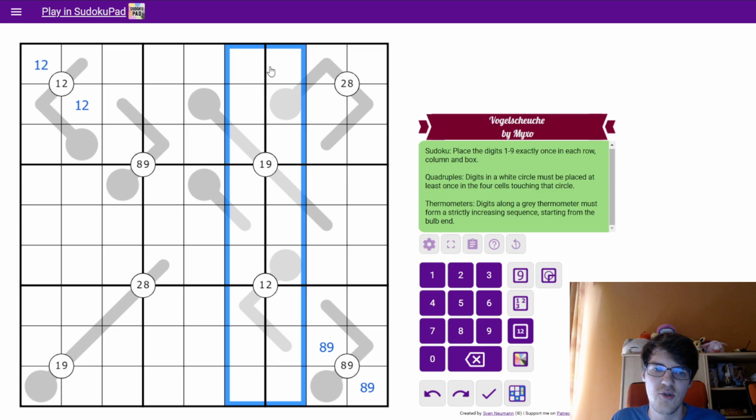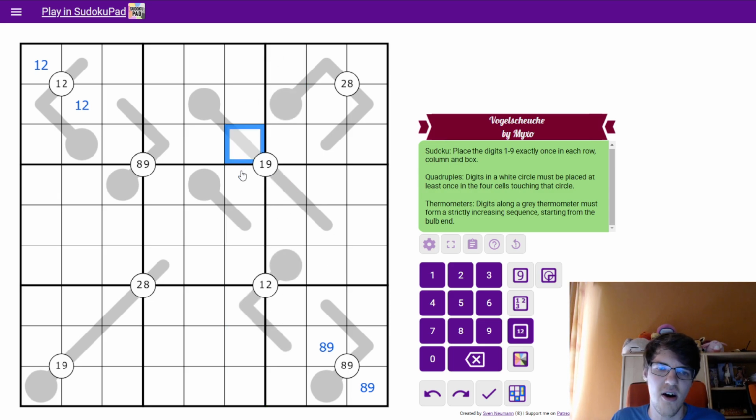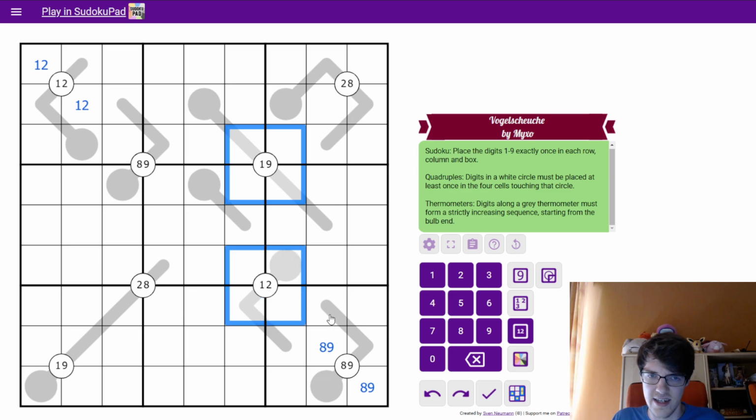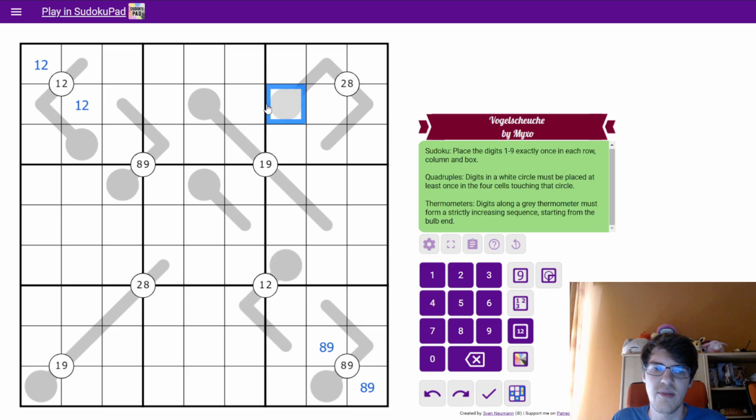So the 2 1s in these columns are in these 8 cells, which means that there's no 1 in particular in this cell. Because if we put a 1 here, we would get 3 1s in 2 columns. That doesn't work. So this digit is not 1, it's also not 2 because of this quad, so this is at least 3.